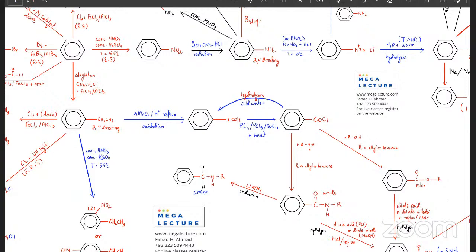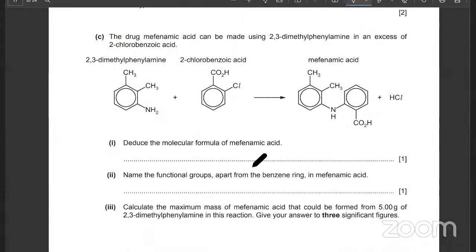Let's have the next one. What's the next question? You'll probably get a question on the molecular formula of this acid. All you have to worry about is counting the carbon atoms and the hydrogen atoms. That's 1, 2, 3, 4, 5, 6, 7, 8, 9, 10, 11, 12, and 3 other carbon atoms, so C15. For the hydrogen atoms, remember, a benzene carbon atom only makes 3 bonds.